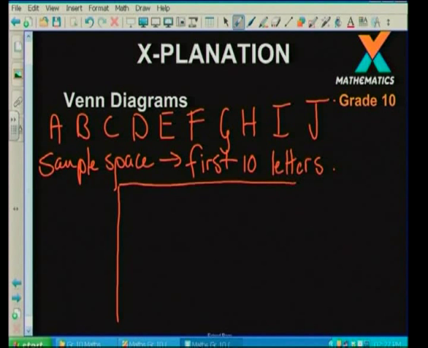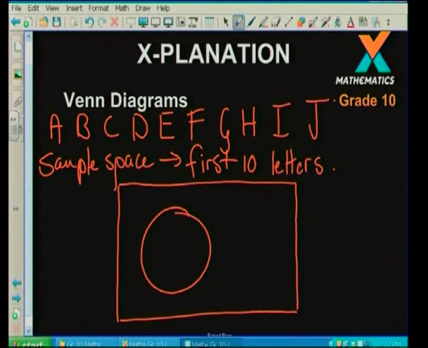So we start by drawing a rectangular block. For now, I'm going to let them intersect. That's fine. My first set then is vowels, and my second set is consonants. Right.